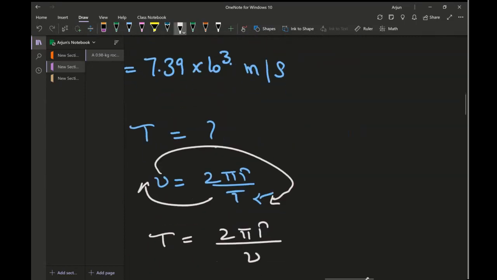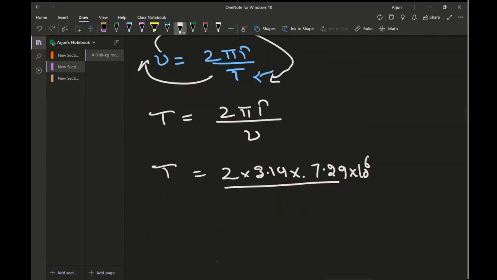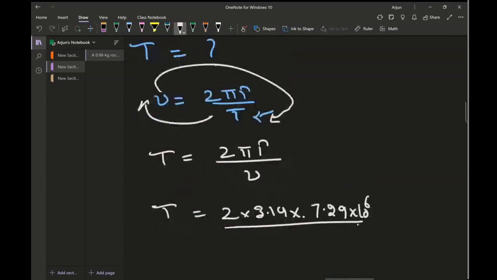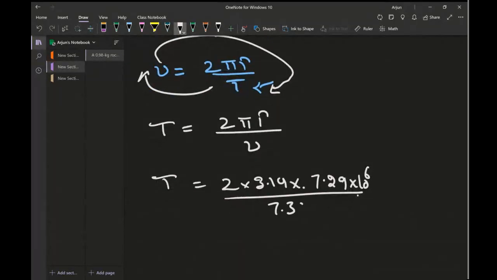Yeah, that is what we've written down here. So divided by the speed, which is equal to 7.39 times 10 raised to the power 3. And then once you do the calculation, you'll get the final answer as 6.20 times 10 raised to the power 3 seconds. 6.20 times 10 raised to the power 3 seconds equals time.